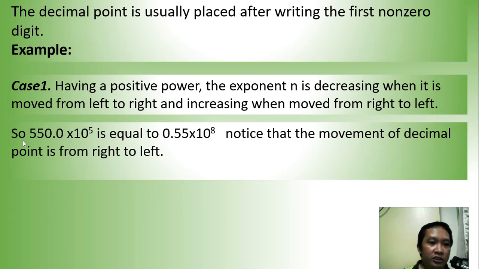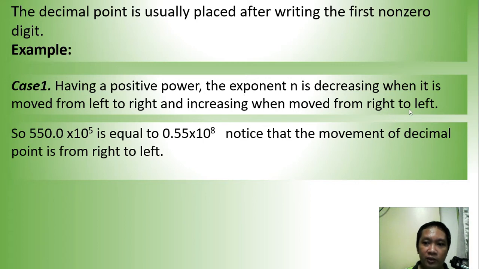Say for example, we have 550.0 times 10 to the power of 5. It could also be expressed as 0.55 times 10 to the power of 8. Notice the power. If we move from this point towards this point, we are moving from right to left in this case.